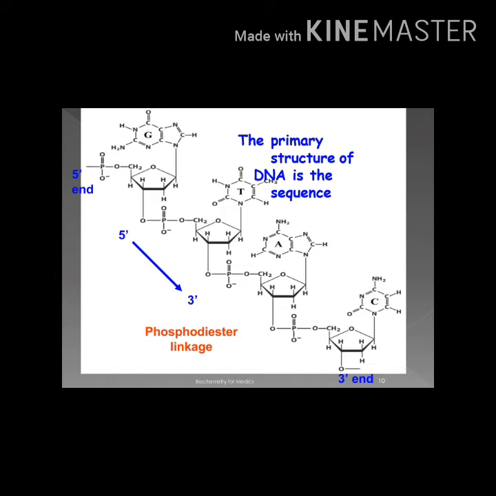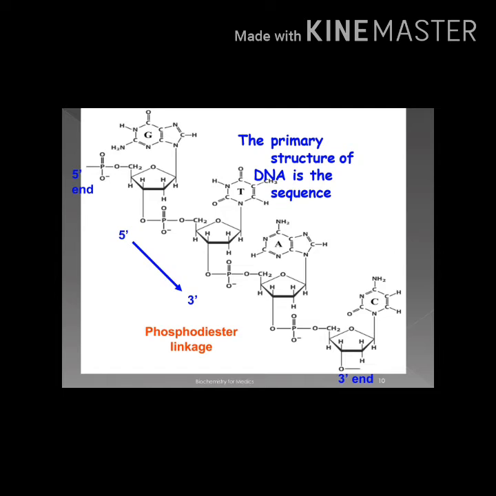So in this primary structure, nitrogen base, sugar and phosphate form a nucleotide, whereas the 3 prime end of that nucleotide, that is the 3 prime OH group, is making a phosphodiester bond with the 5 prime end phosphate of the next nucleotide.